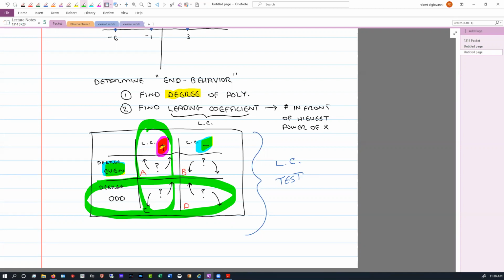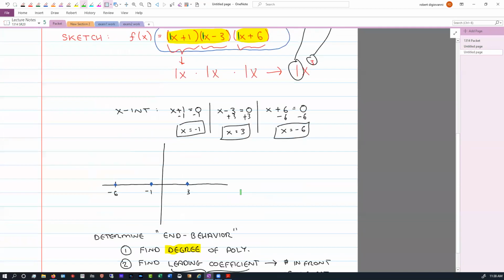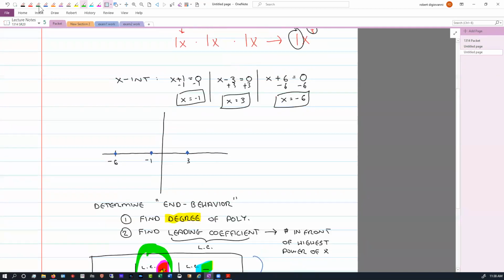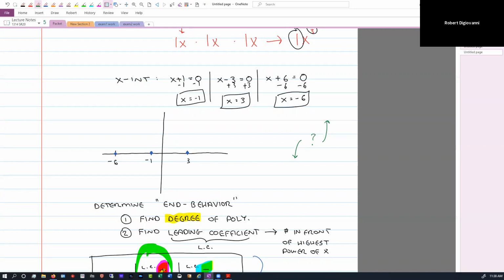Okay, so now let me put this together. What we know from this graph, I'm just going to jot it down on the side here: my left side goes down and my right side goes up, and in the middle I don't know what it looks like. That's what we've determined from the leading coefficient test. So now I'd like to put this together.